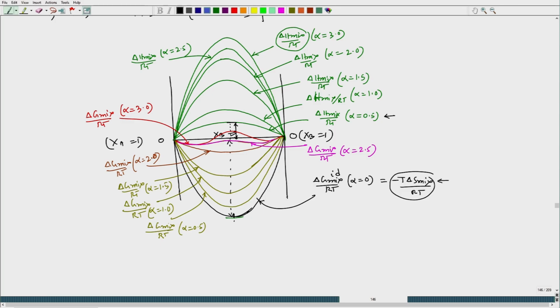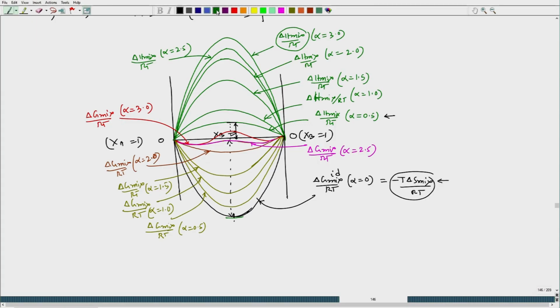So, the shape of delta Gmix by RT is changing, but that change is extremely critical from the stability of phases. The stability of phases, when we have such a typical shape of free energy of mixing plot with composition, will be discussed in the next lecture.